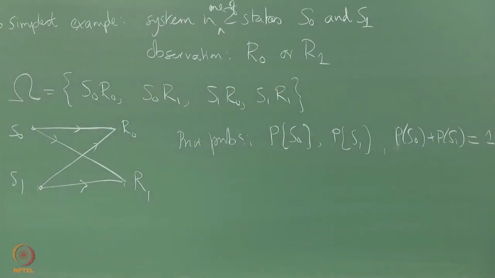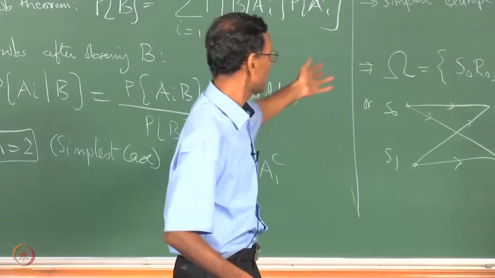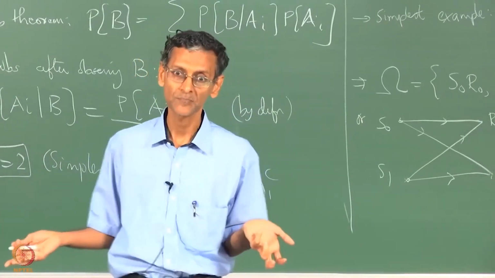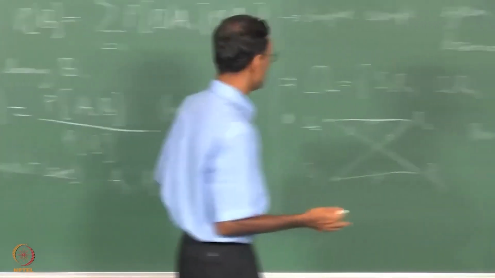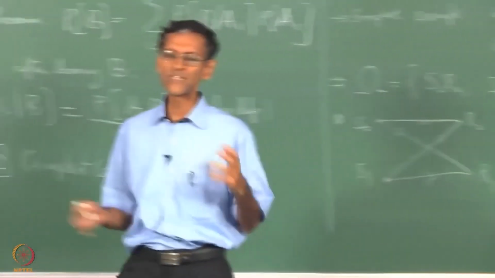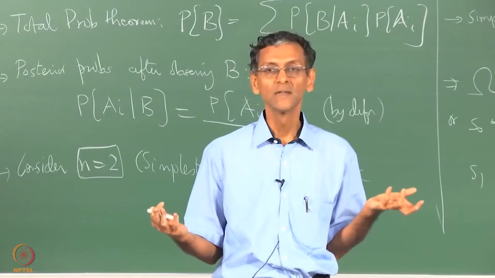If I just have a two-way partition, it turns out that omega is partitioned in 2 ways by S0 and S1. Then, to complete the probabilistic description, you need the so-called transition probabilities.